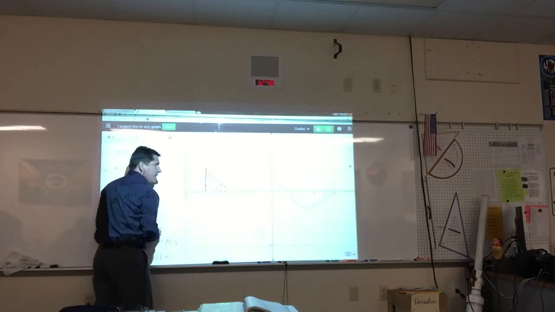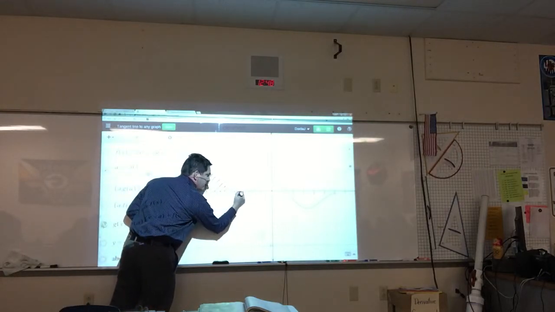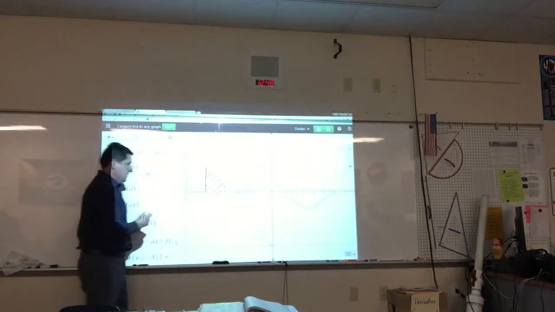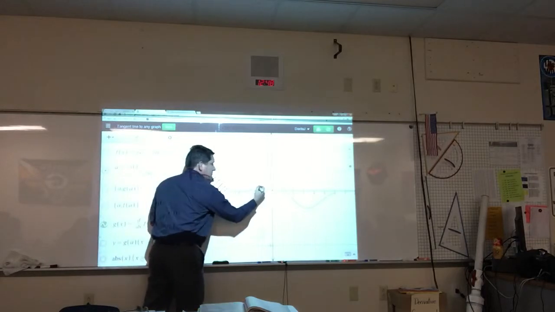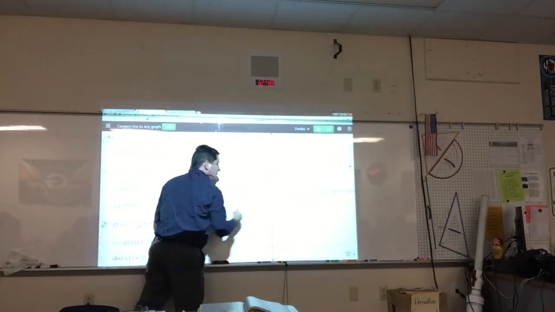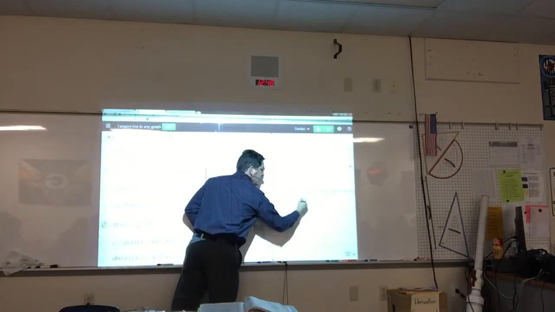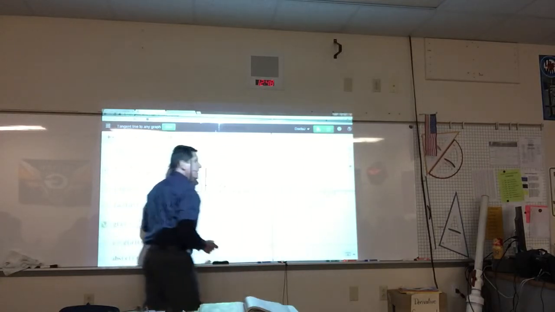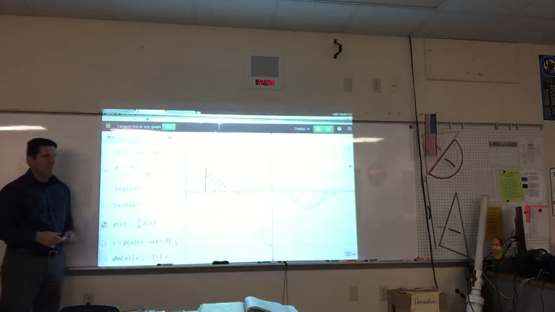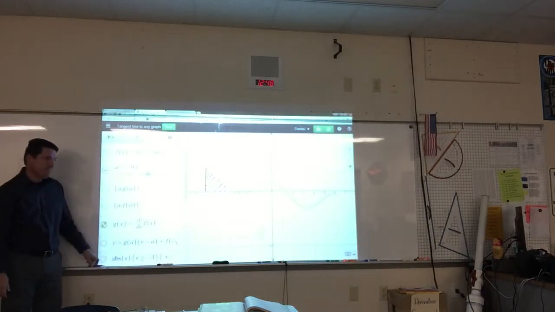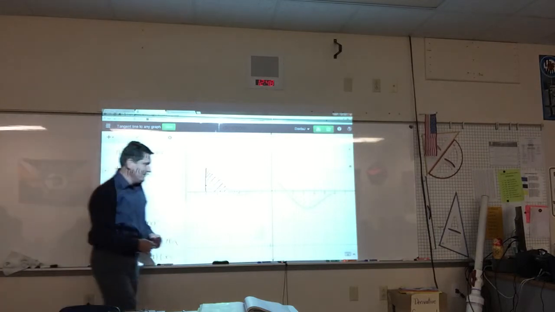This is how much it increases by. This is how much it decreases by. And then this is how much it increases by, and this is how much it decreases by. Okay? Just wish we could figure out that area. Then we'd have it made. That's next week.